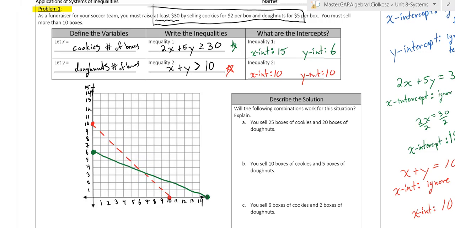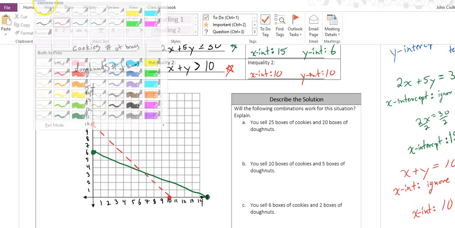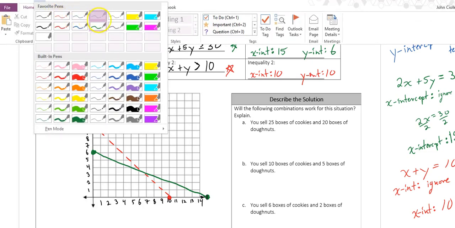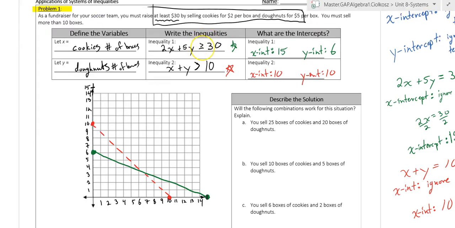Now for the shading. So to figure out where my solutions to this are, well, let's take a look here. So my green is a greater than or equal to. So that means I want above the green line. So that would be this section and this larger one here. Sorry.